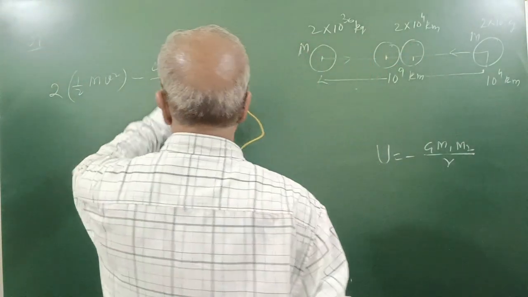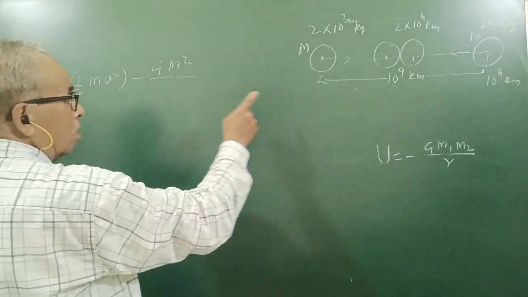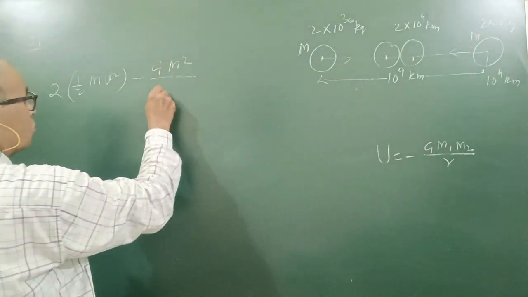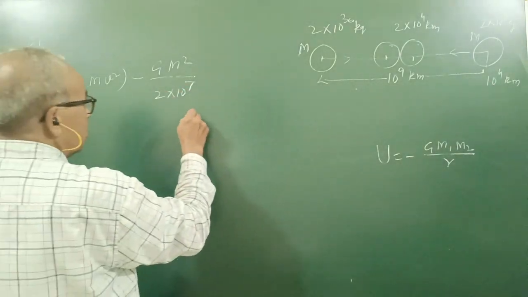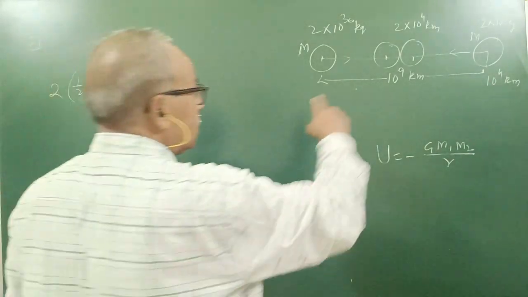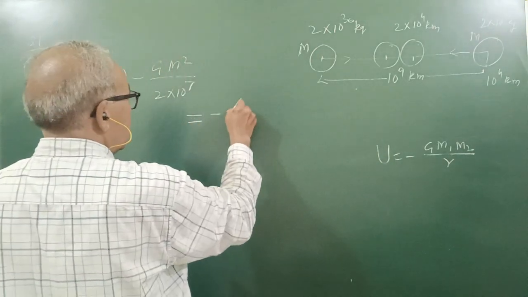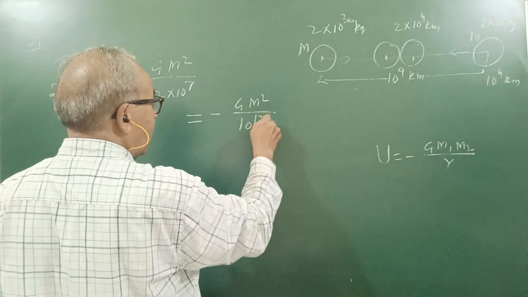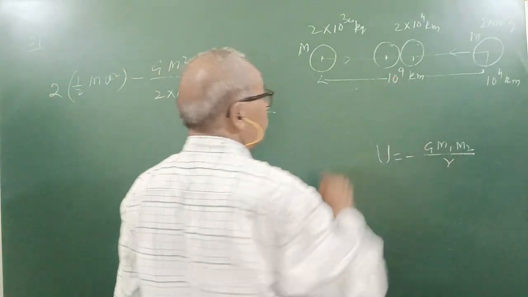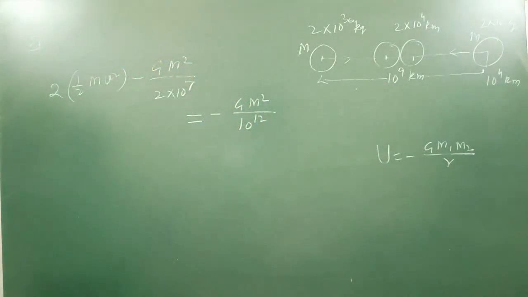So Gm square, the distance 2 into 10 to the power 4 kilometers, 2 into 10 to the power 7 meter, this will be equal to the initial potential energy minus Gm square upon 10 to the power 12 meter. It is kilometer here; convert that into meter, multiply by 1000.